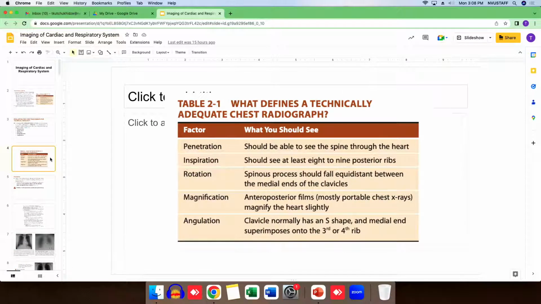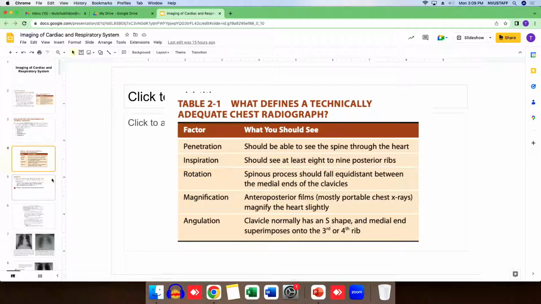So what do they mean? Let's start with penetration. Penetration means that the spine is really well visible through the heart. Inspiration means that we should see at least 8 or 9 posterior ribs.